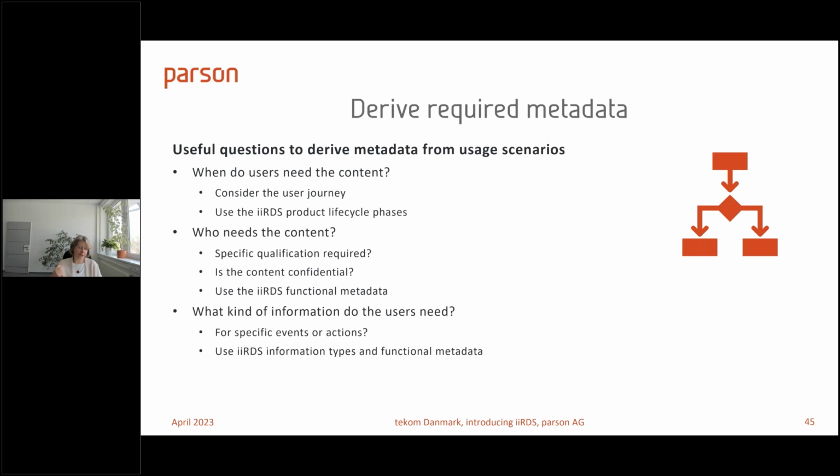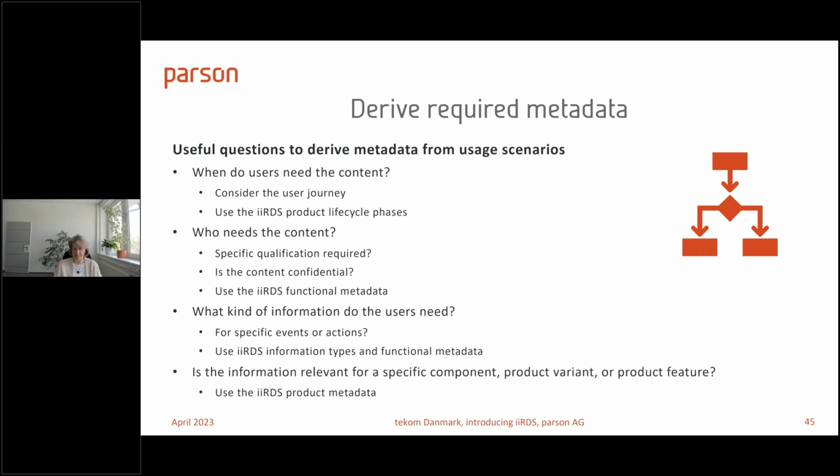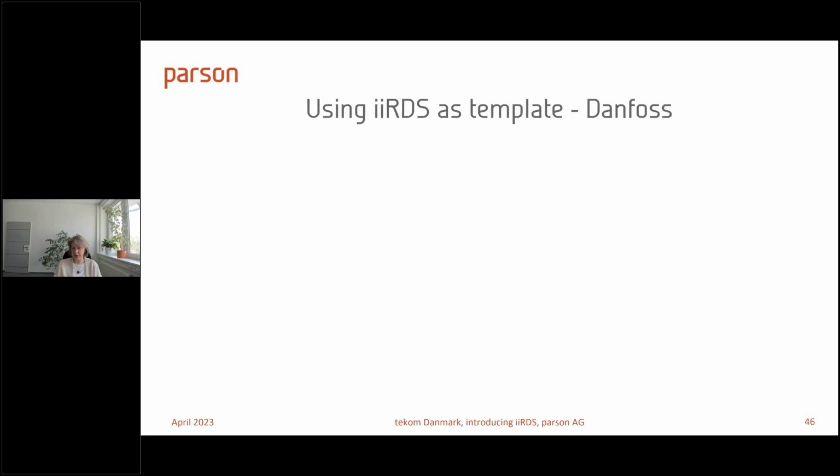Or is it for specific scenarios like troubleshooting or diagnosis? Then you should use the iiRDS information types and functional metadata. And last but not least, is the information relevant for a specific component or product variant? Then you have to use and extend the iiRDS product metadata. So this is how you find the metadata that you need for your content.